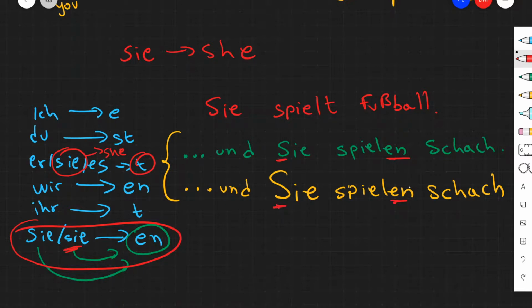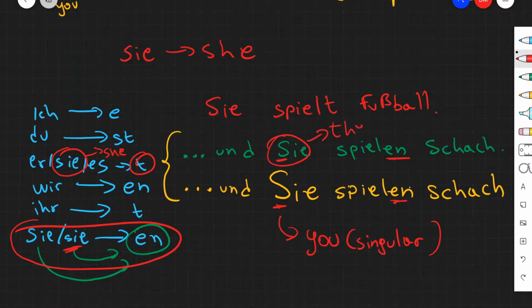If it is uppercase, like in this case, then we know that it is you, singular, the respectful form. While if it is lowercase here, then it is they. Plural people, a multitude of people playing Schach.